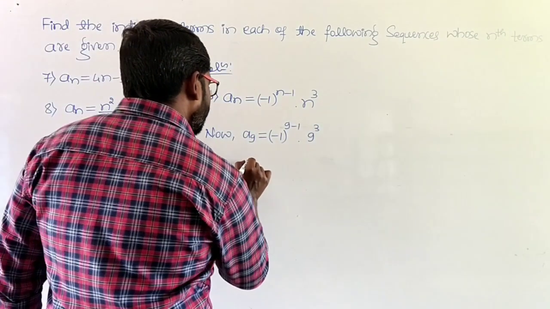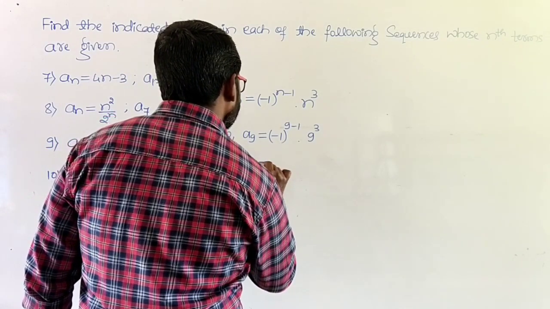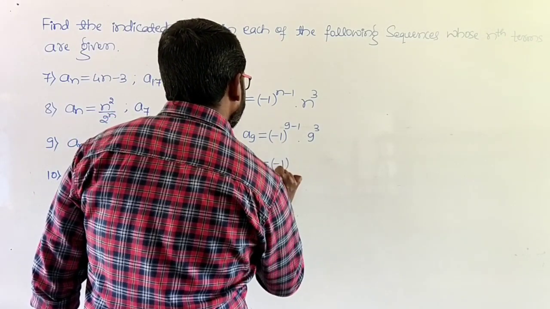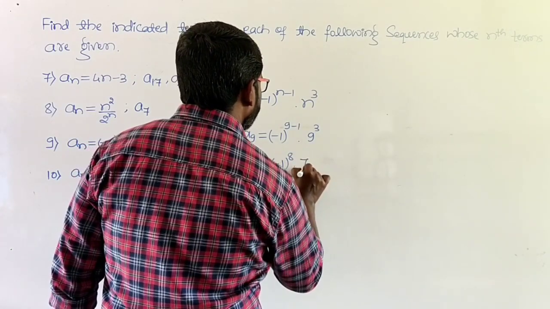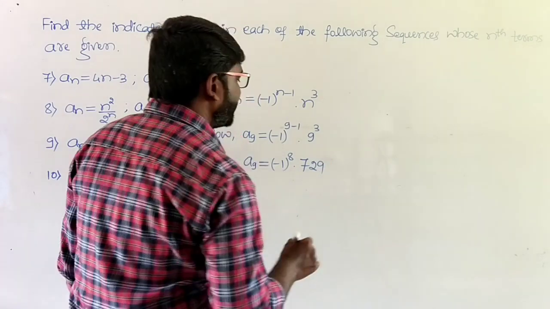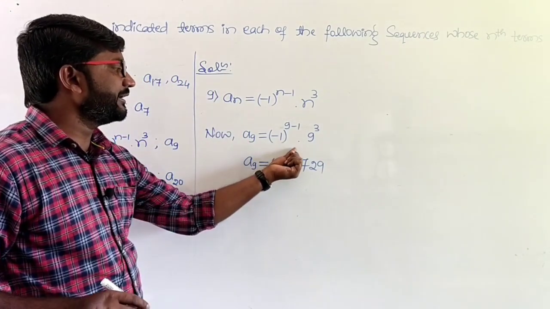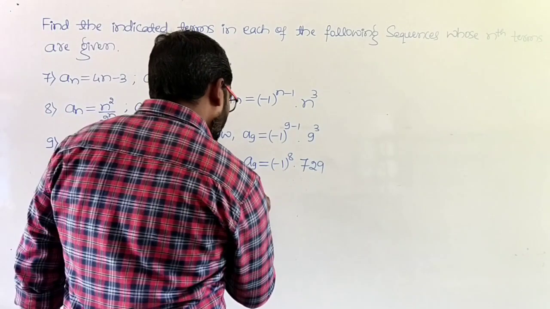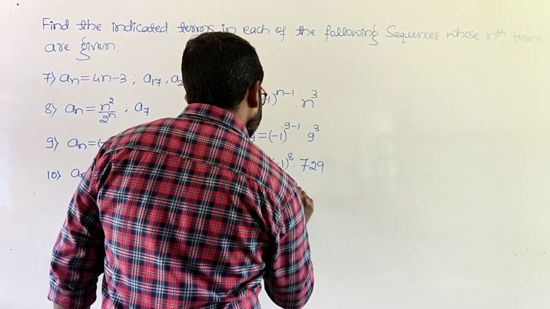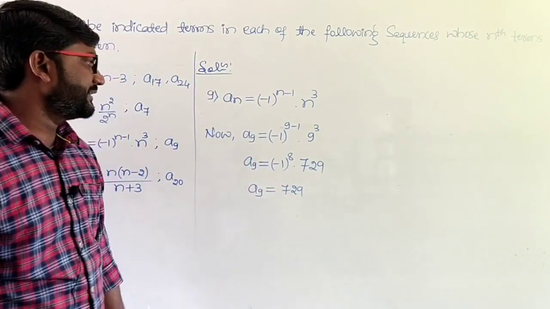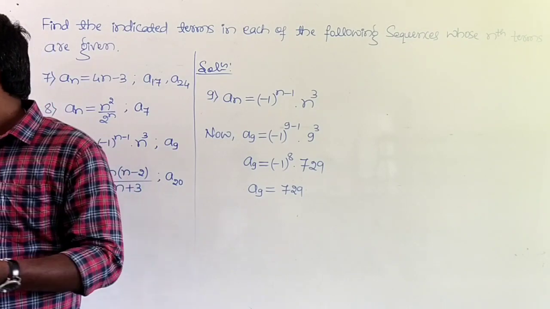And then a9 is equal to minus 1 raised to 8 into 9 cube. It will be 729. Then 729 into 1, minus 1 to the power even number is plus 1. So overall you have 729. So this is the answer for the ninth one, and then we'll move on to the 10th one.